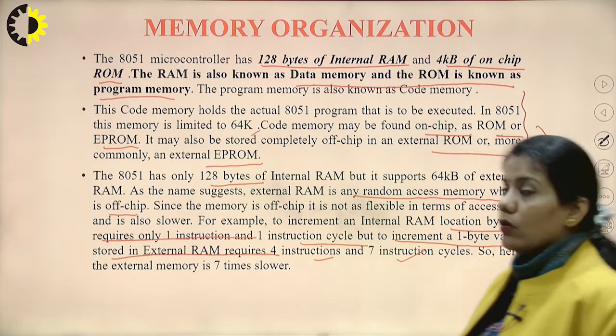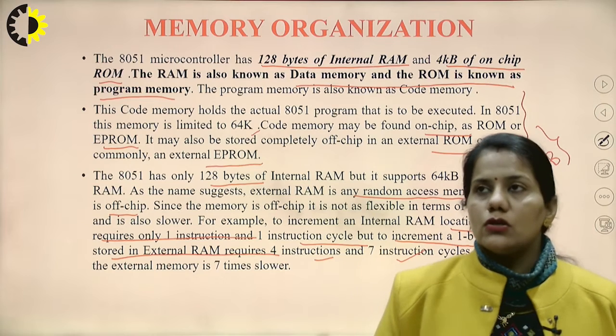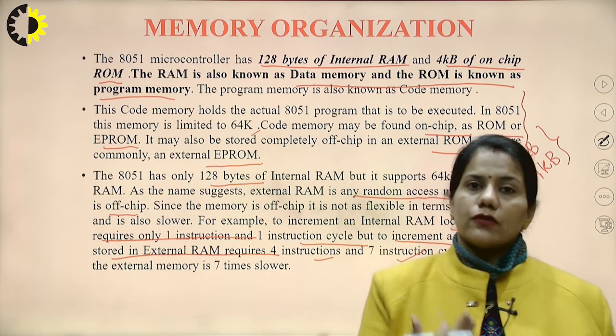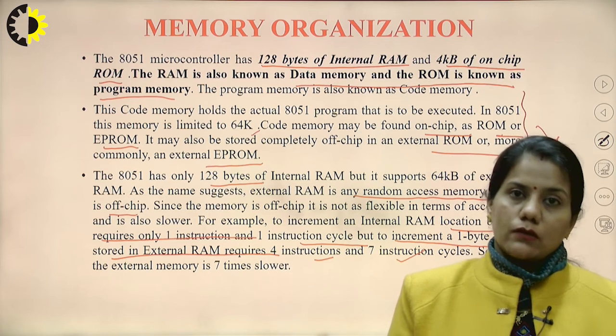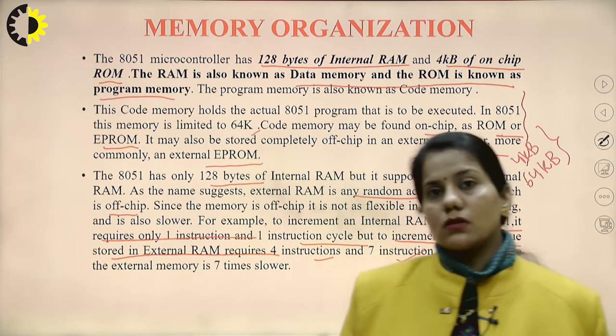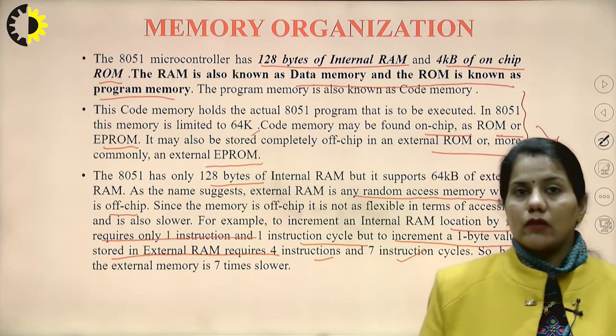So this is how the use of external RAM makes our system slower. That's why we prefer to use 8051 for simpler applications where there is no need to connect external RAMs. Otherwise, we use some advanced microcontrollers in which the on-chip RAM is already available.